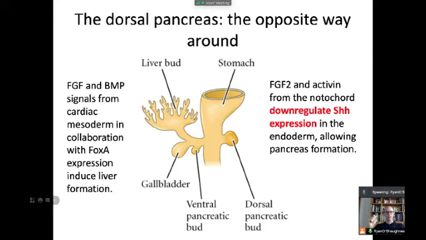In contrast, the FGF2 and activin, which is a TGF-beta superfamily protein, very like the BMP proteins, are secreted by the notochord. These downregulate sonic hedgehog expression in the endoderm, allowing pancreas formation. So this determines the orientation of the liver and gallbladder versus the pancreas in that middle part of the developing intestinal tract.